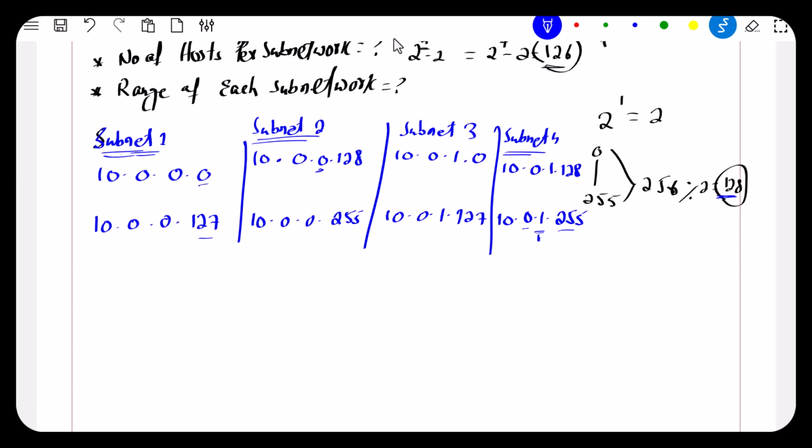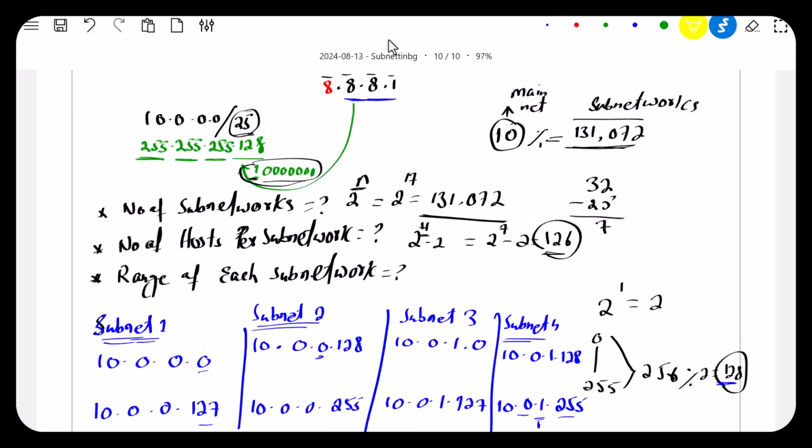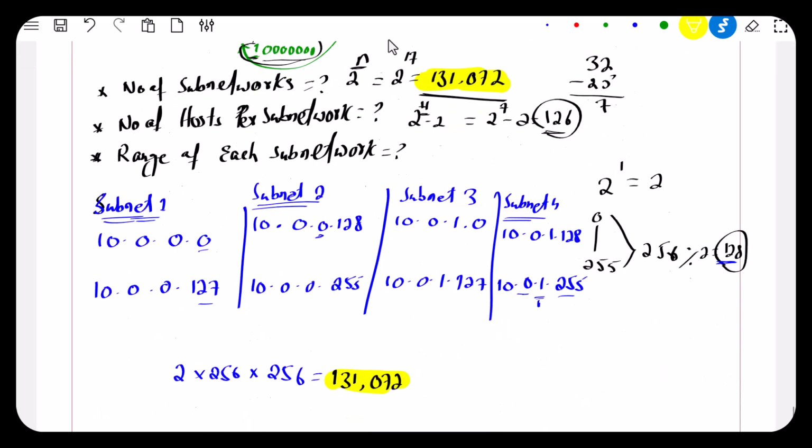Here at the fourth octet we have 2 subnetworks. At the third octet we have 256 subnetworks, and in the second octet we have again 256 subnetworks. Let me calculate this. It's equal to 131,072. It's the same like this, as I told you before, the number of subnetworks.